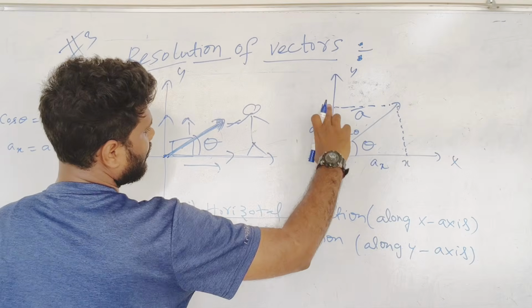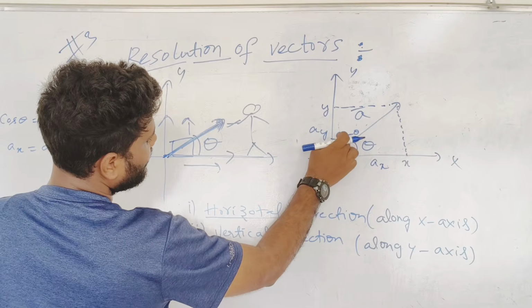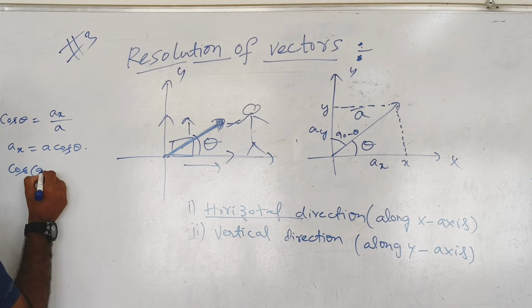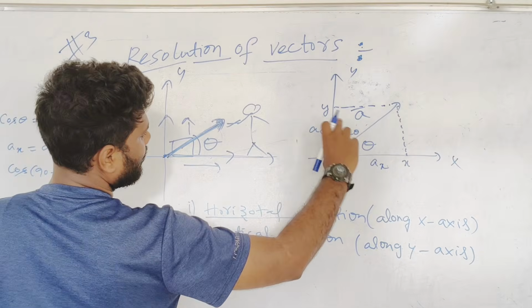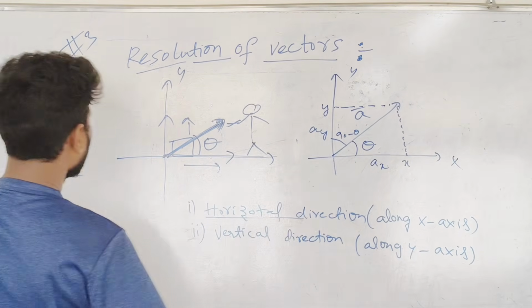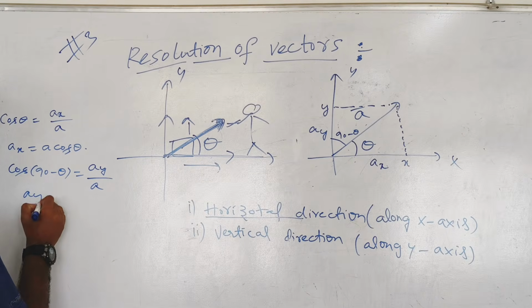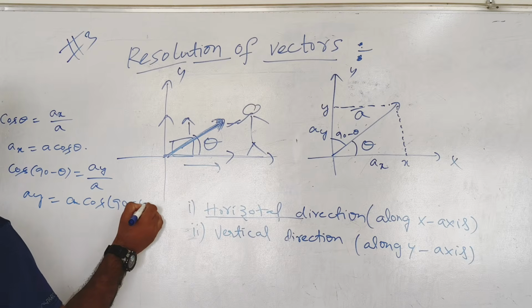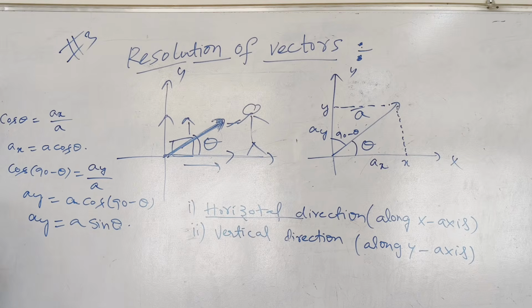Now we want the vertical component Ay. Here the angle is 90 minus theta, so we can find cos of 90 minus theta. If you find it, what will happen? Adjacent by hypotenuse, Ay by A, so Ay equals A cos(90 minus theta), and cos(90 minus theta) equals sin theta, so Ay equals A sin theta.